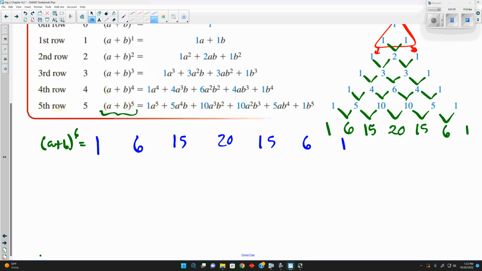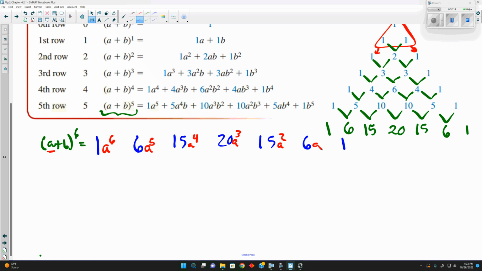But the a terms, the one that goes first, is going to start out to the 6th power, and it's going to decrease by 1. So 6 minus 1 would be 5. Then we would have a to the 4th, a to the 3rd, a squared, a to the 1st, and the last one would be a to the 0, which is just 1. So we don't write it in.